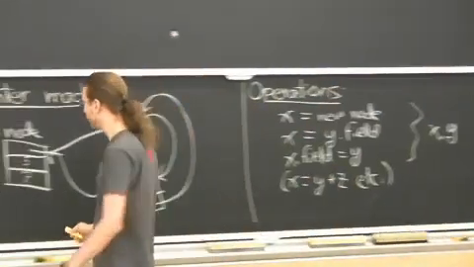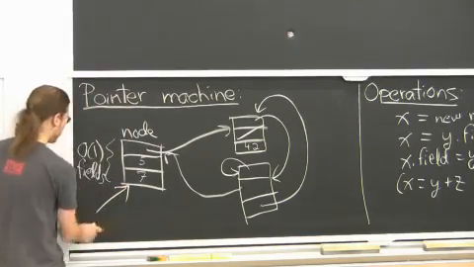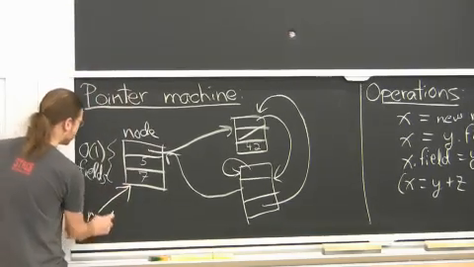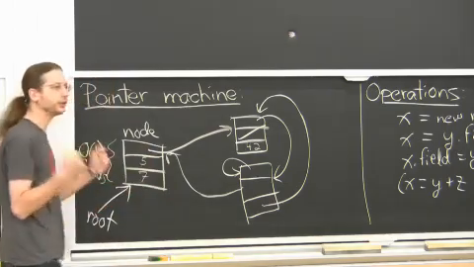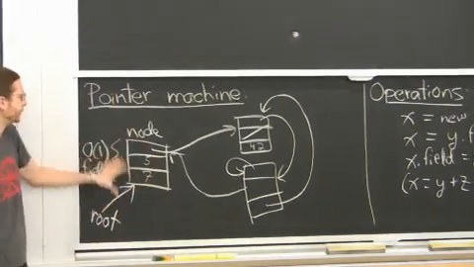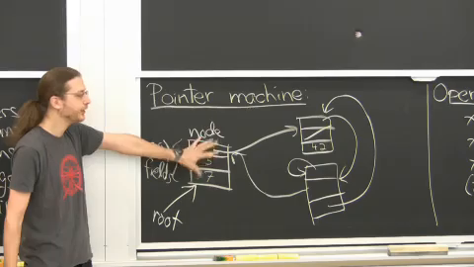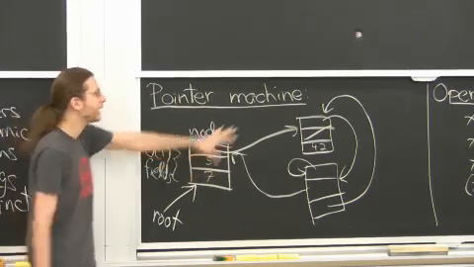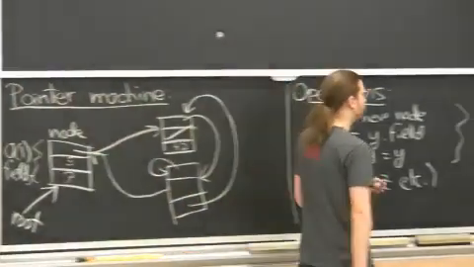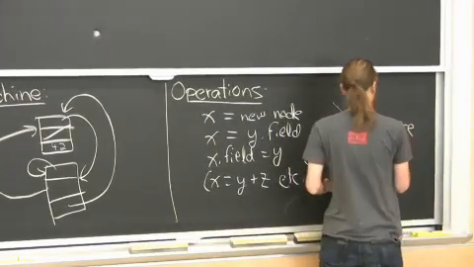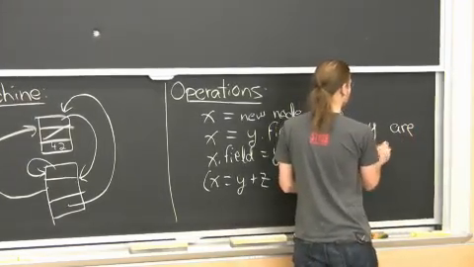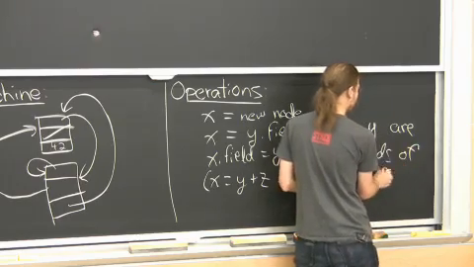There's going to be one node in this data structure or in your memory called the root node. And you can think of that as the thing you always have in your head. This is like your cache, if you will. It's just got a constant number of things, just like any other node. And x and y are fields of the root. So that sort of ties things down.